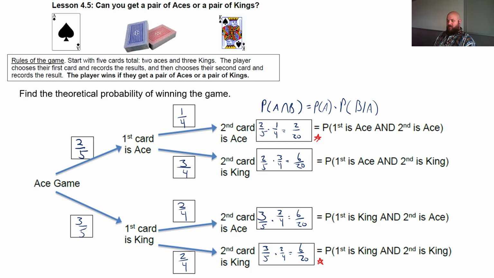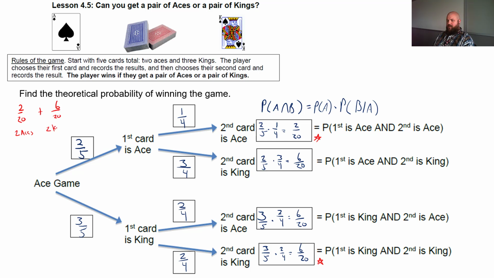If we know those are the 2 probabilities, we would take these probabilities and just add them together. So we're going to take 2/20, because that's for 2 aces, and add the probability of getting 2 kings, which was 6/20.